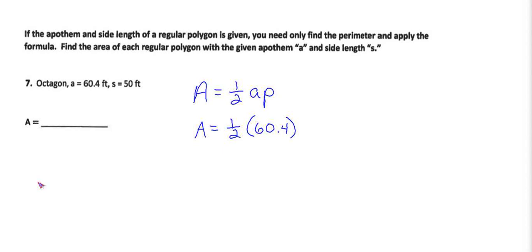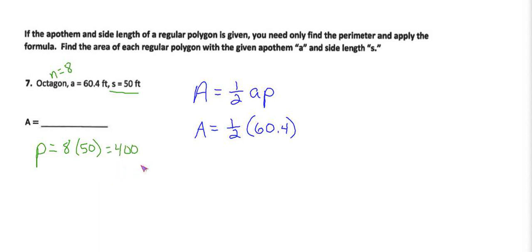The perimeter is not given, but the side length is given. So if each side of the octagon is 50, we need only know that the octagon has 8 sides, and if every side is 50 feet long, that is 8 times 50, which of course is 400.